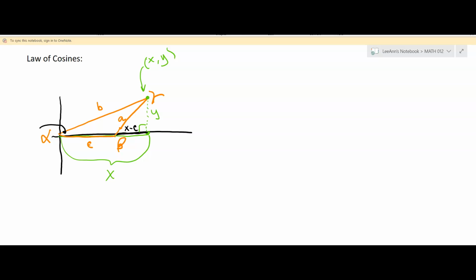Well, we know some things. We know that the sine of alpha is equal to opposite. So look at the right triangle. This triangle there, it's opposite y over the hypotenuse, which is b. Or b sine alpha is equal to y.